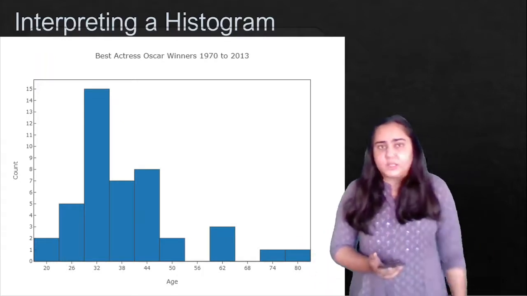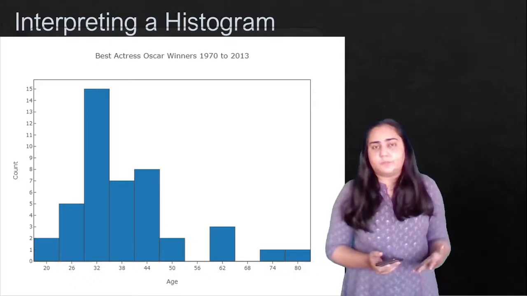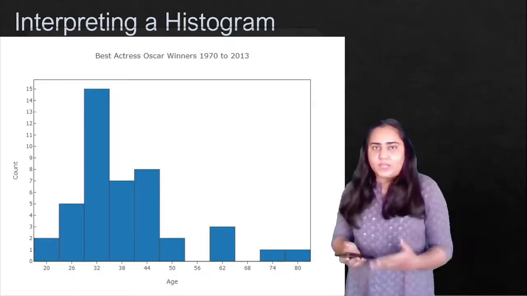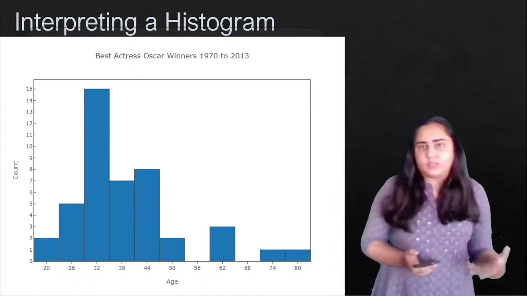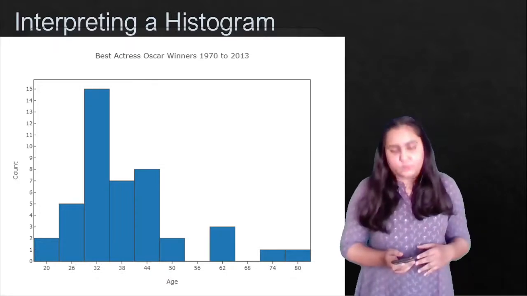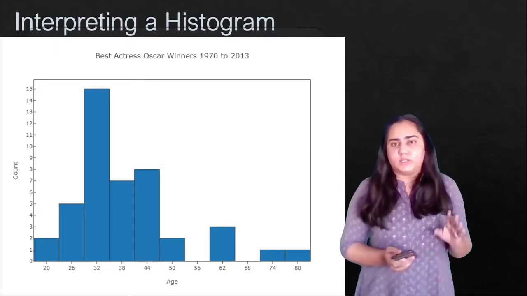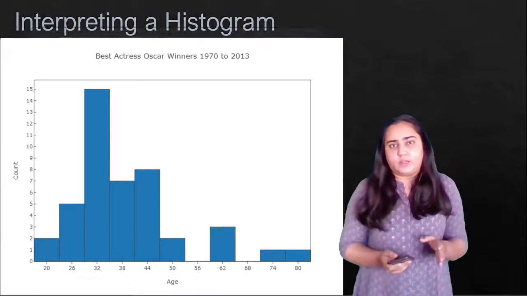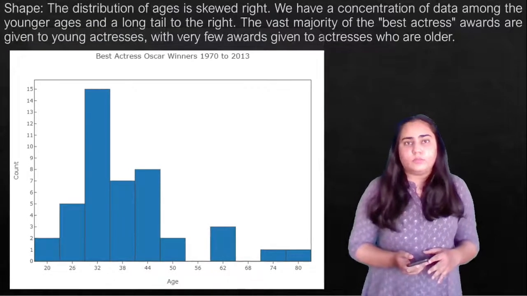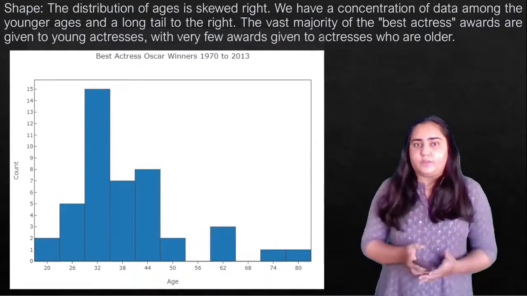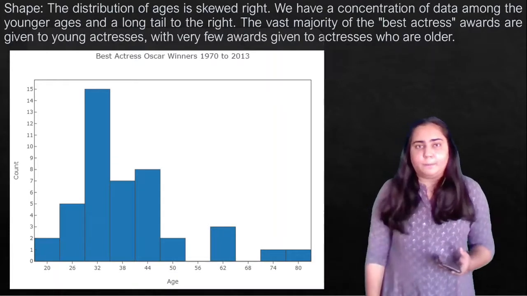If you would like to take a look at this data, I have again linked it, and you can find it in the description box. So this is a histogram created out of that data. Now let's take a look at the shape of the histogram.